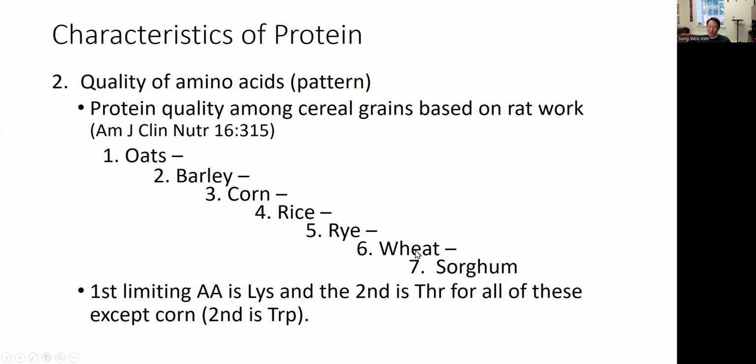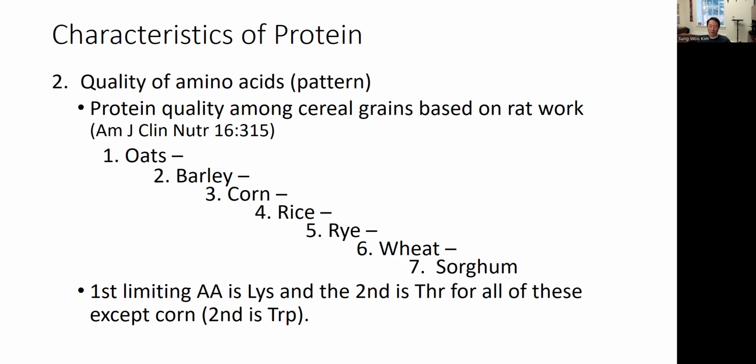Here, among all these 7 different cereal grains, commonly the first limiting amino acid, which means the most deficient amino acid from cereal grains, is lysine. Right? So if you feed cereal grains to the animal, or if you are eating cereal grains as a main source of your food, you may need additional lysine from other food sources or as a supplement.